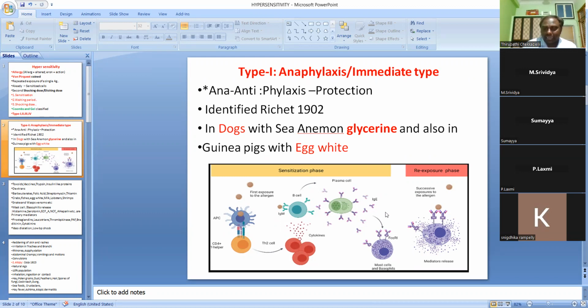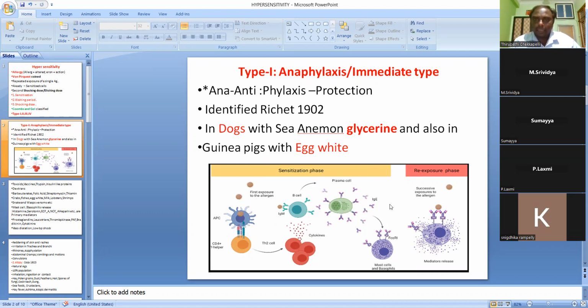Plasma cells produce antibodies. Here, these antibodies are a special type. Normally IgM type of antibodies are produced, but to some antigens, maybe due to their different structure, here for the first time itself, IgE kind of antibodies are produced.